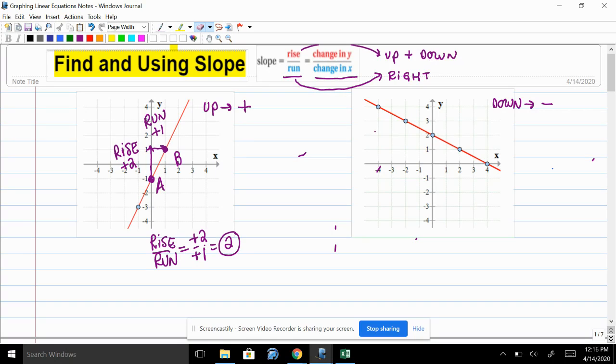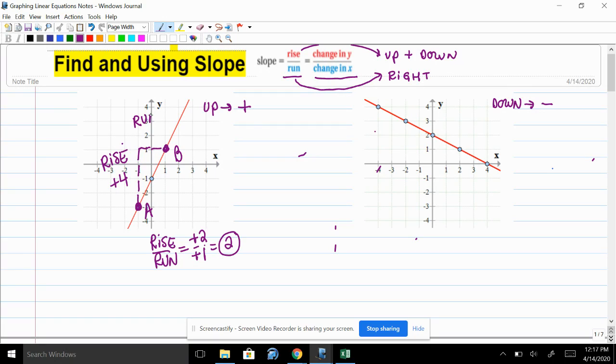Now, if you were to pick different points, you're not going to get a different answer because they are on the same line. So let's say I picked that as my A and this as my B. Your rise is then going to be 1, 2, 3, 4. So you're going up 4, that's your rise. And you're going right 1, 2.